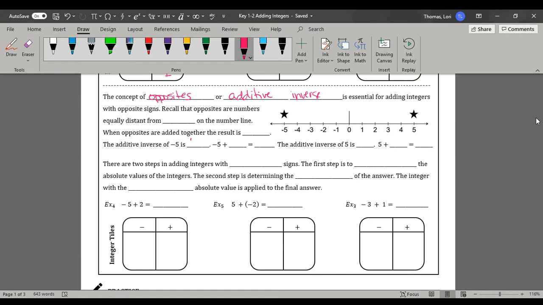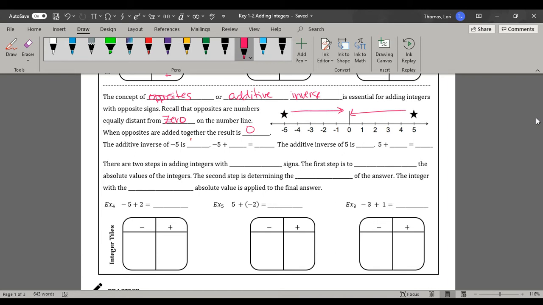Recall that opposite numbers are equally distanced from 0 on the number line. You can see in our example, -5 and +5 are opposite numbers. They are additive inverses. They are equally distanced from 0. When we add opposites, we get 0 as an answer.